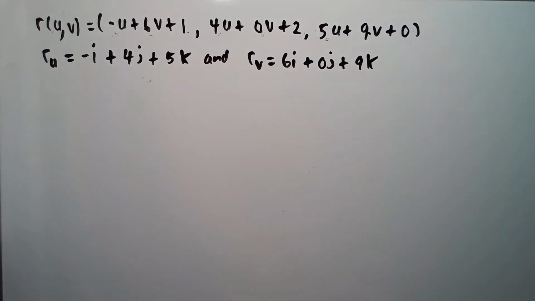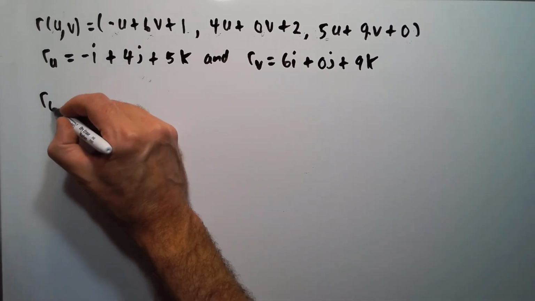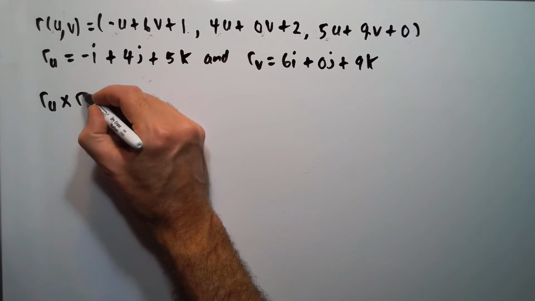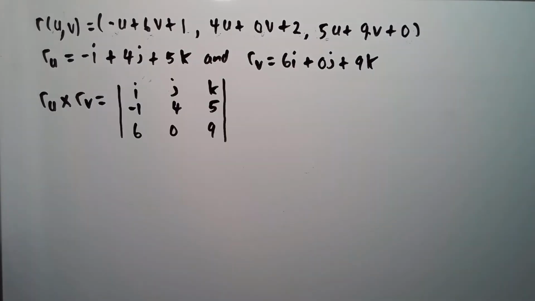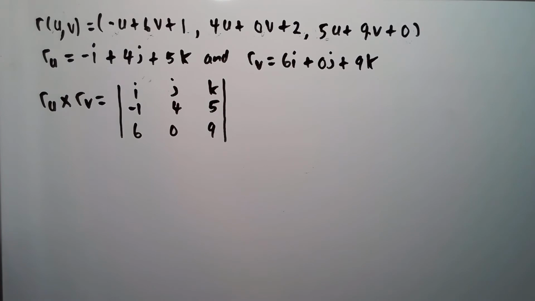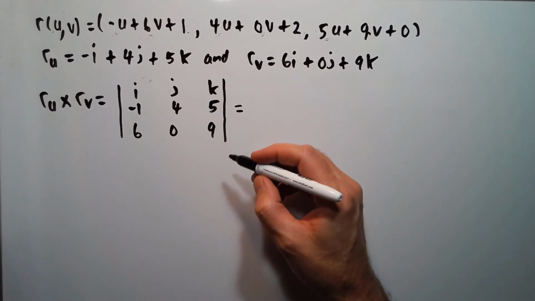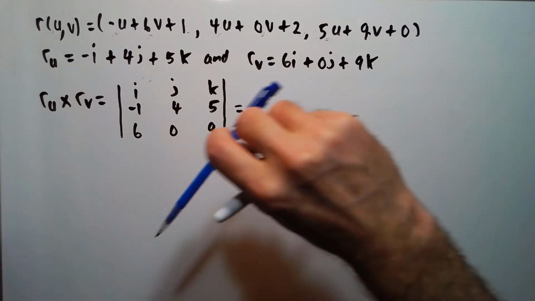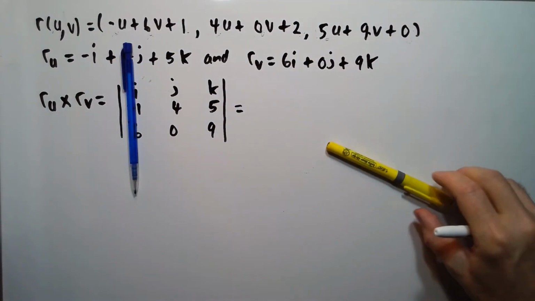Okay, so now we're going to do the cross product of these two things. So let's look at r_u cross r_v. Here's my definition of cross product. Put i, j, and k on top, then put your vectors in the second and third rows. So let's do the i component first. To find the i, you take away the column it's in and the row it's in.